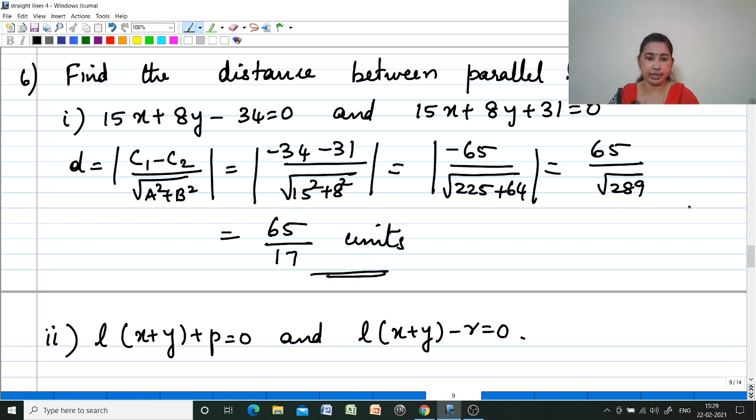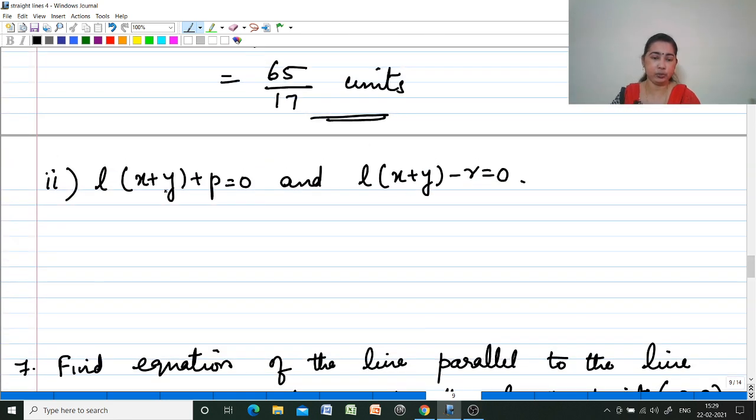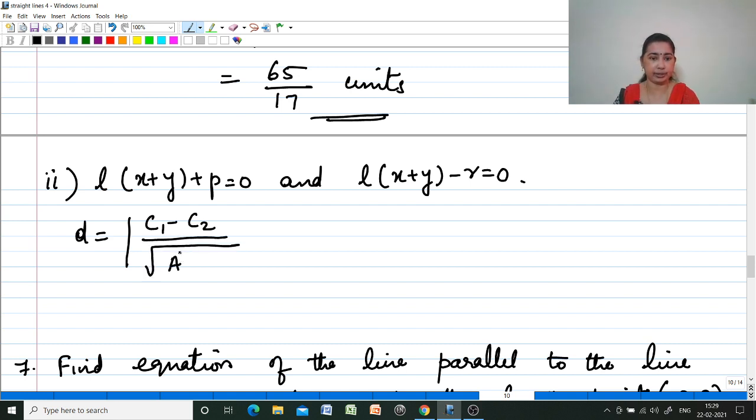Now the second question: they are given as Lx plus y plus p equal to 0 and Lx plus y minus r equal to 0. How to find out the distance? So distance d is equal to modulus of c1 minus c2 divided by root of a square plus b square.